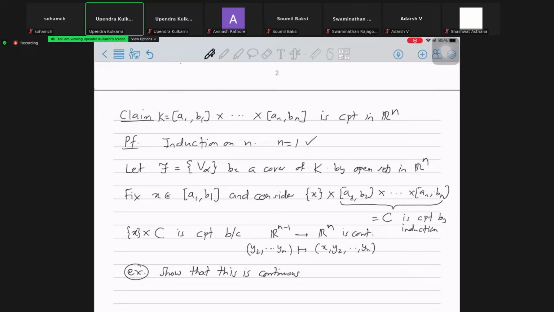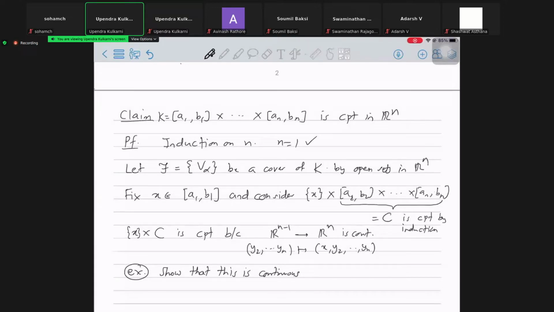And one thing that works well is sequences. The sequence-wise characterization of continuity, along with the ability to work slot by slot, makes things easy.